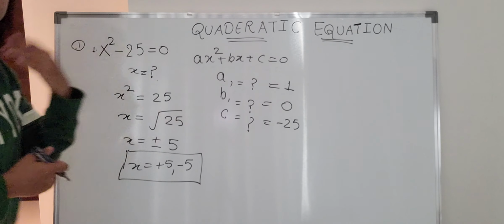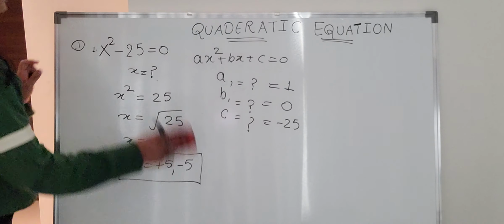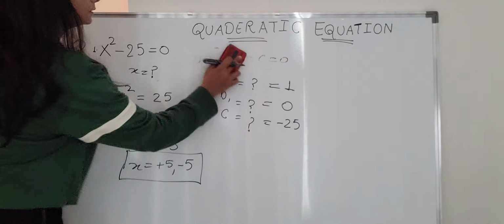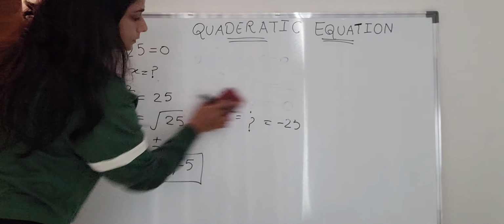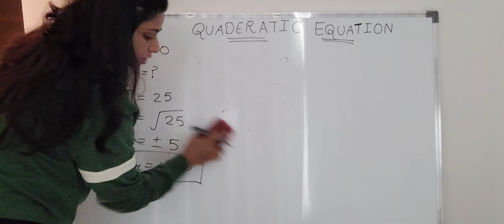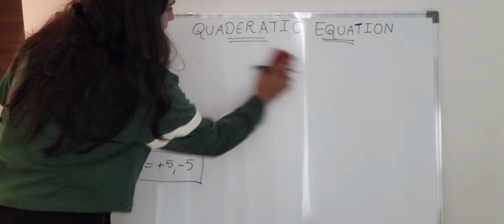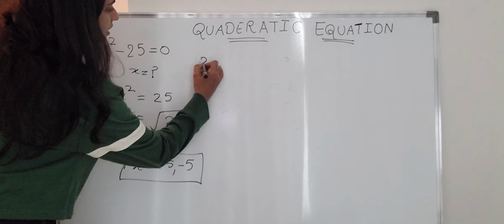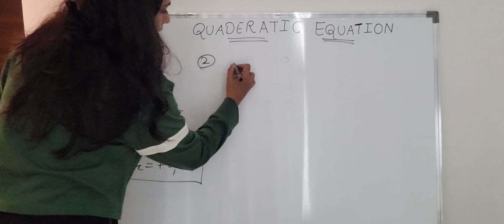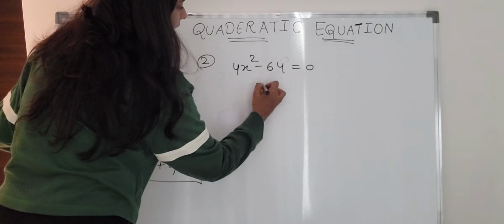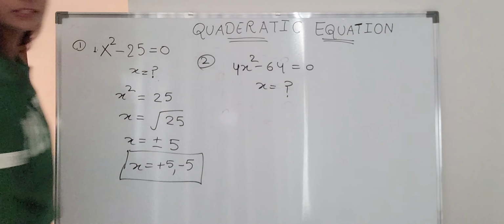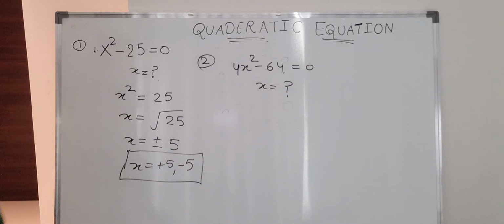Fine. Now let's take another equation. See, another question is, suppose the equation comes in this form, 4x square minus 64 equals 0, and here you need to find out the x variable value, then how will you solve it?